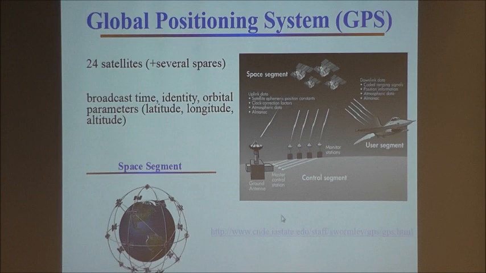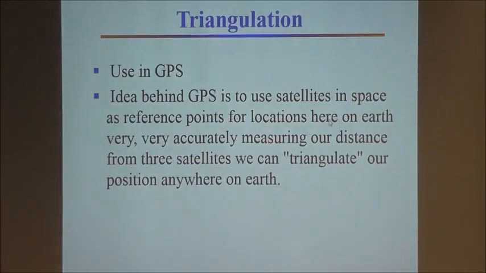You can actually even go to a website and watch it change. So you have a ground antenna, a master control station, and a monitoring station, and how does it work? In a minute I'll tell you, through triangulation.